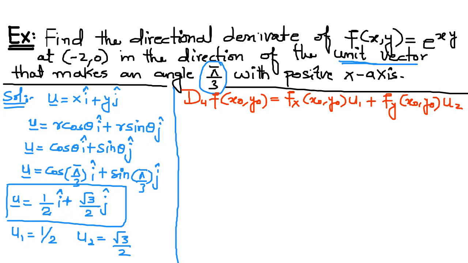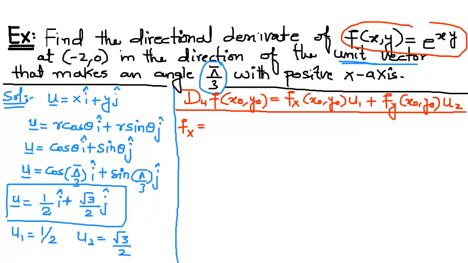This is the formula. Now, what is the partial derivative of the function with respect to x? This is the function. The partial derivative with respect to x is e power xy multiplied by y. Okay, so if I substitute the point, what is the point? The point is (-2, 0).